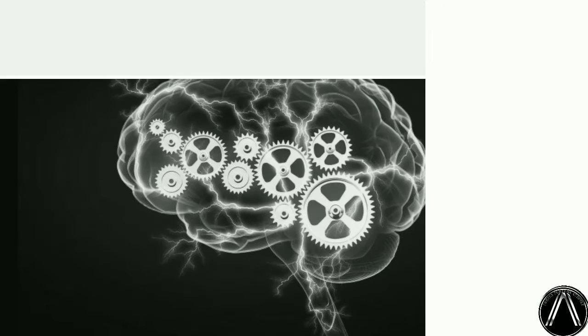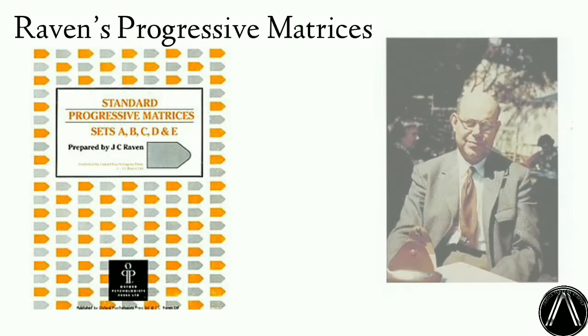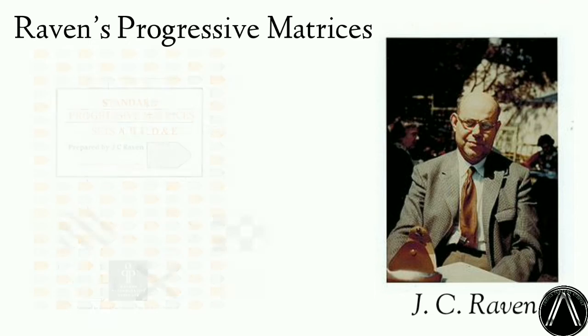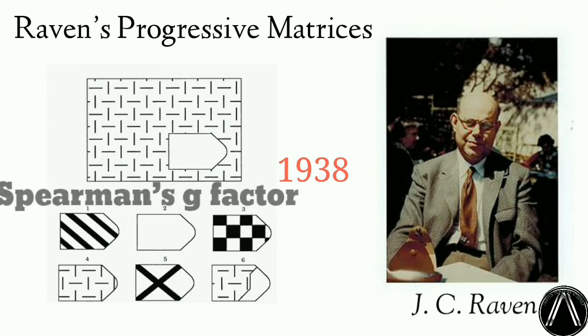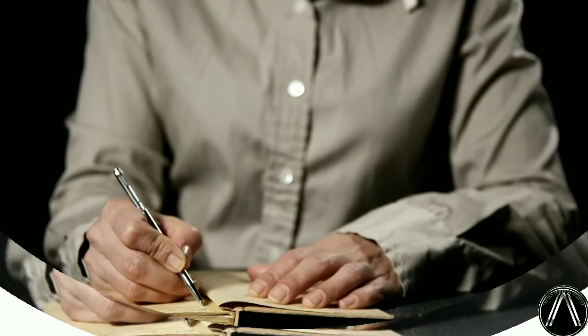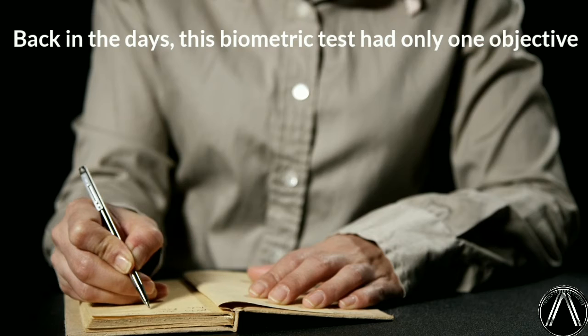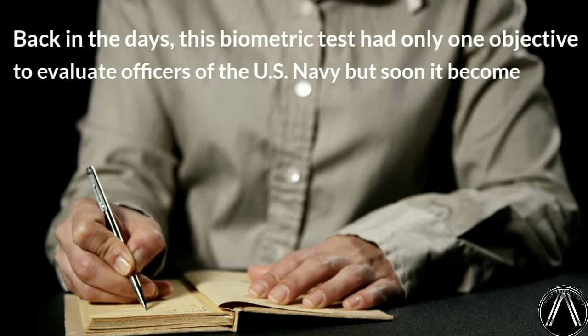Alright, coming up, the Raven's Progressive Matrices. The Raven's Progressive Matrices was created by J.C. Raven. He created the Progressive Matrices test in 1938 to measure Spearman's g factor. You know, back in the day, this psychometric test had only one objective: to evaluate officers of the US Navy.